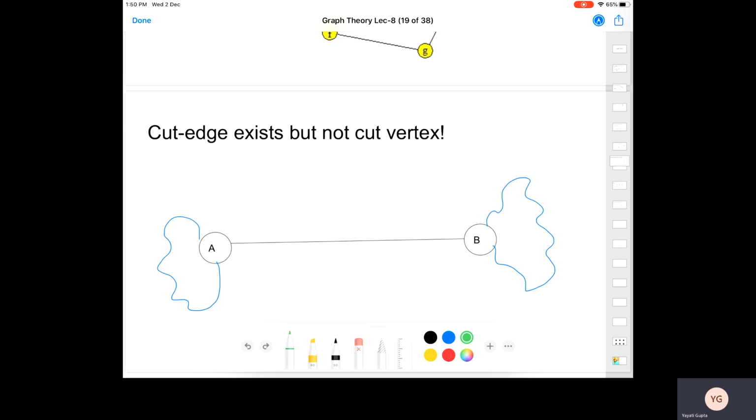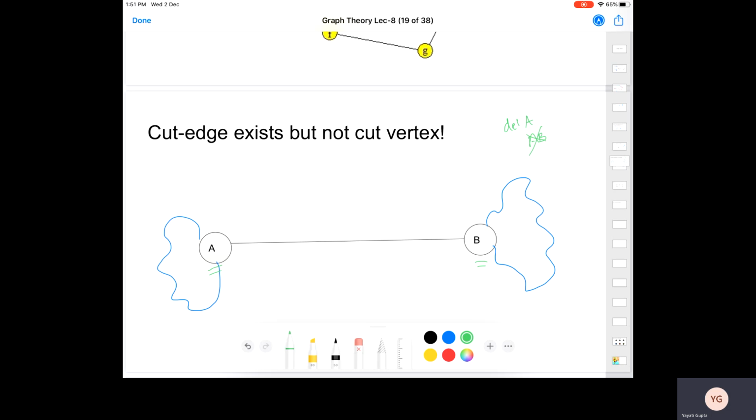So do you think A and B should be cut vertices? Definitely yes. If I delete A, then AB will be deleted. So A will go away with all of its incident edges. So AB will definitely be deleted, and once it is deleted, the graph becomes disconnected. And the same is the situation with B. If you delete B, AB will be deleted as a result, and again this graph will be disconnected.